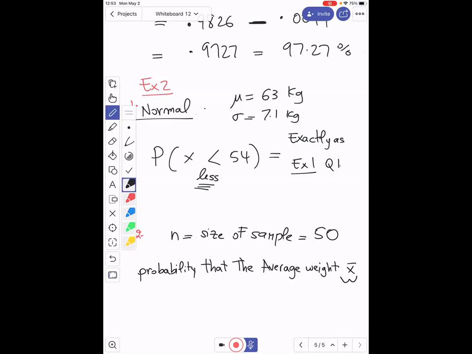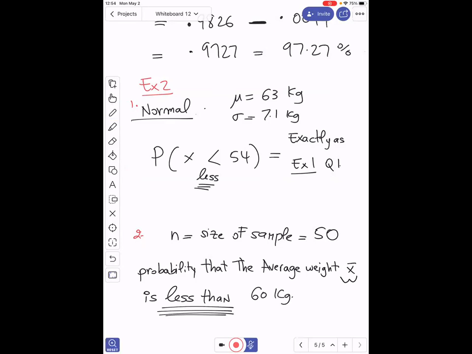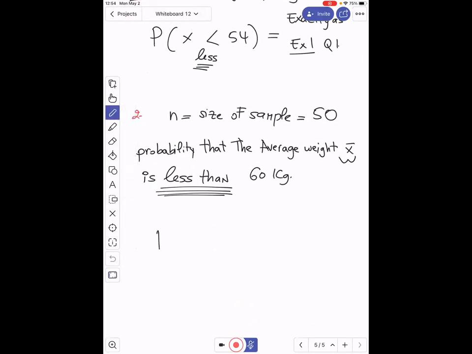It says X bar for a random sample of 50 is less than 60 kilograms. So you want to find the probability, capital P, X bar less than 60.